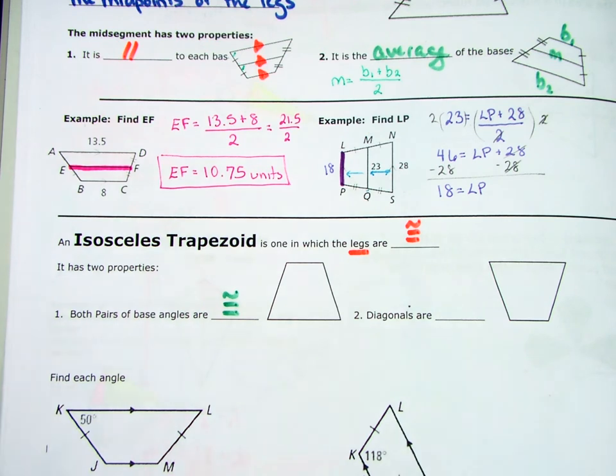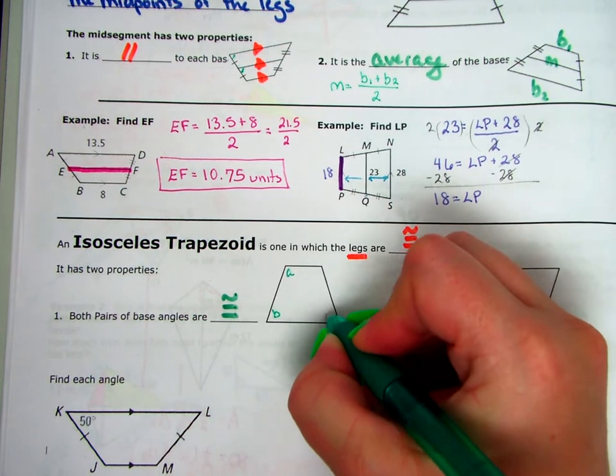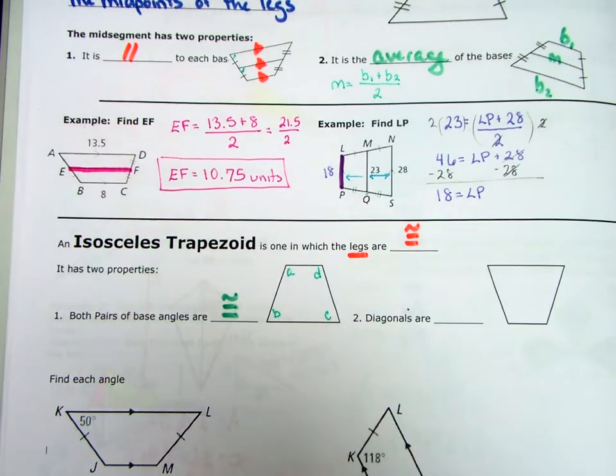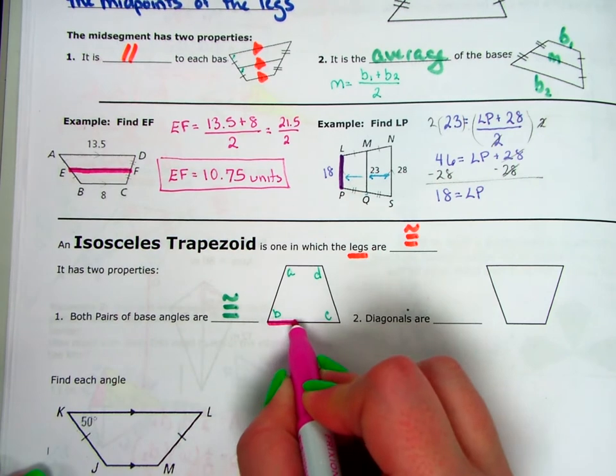So remember before when I labeled A, B, C, D? And I said here's A, here's B, here's C, and here's D. And I said they don't have to equal each other. Well, in this case, the ones that are on the same base will equal each other.